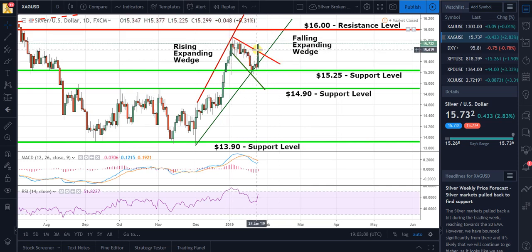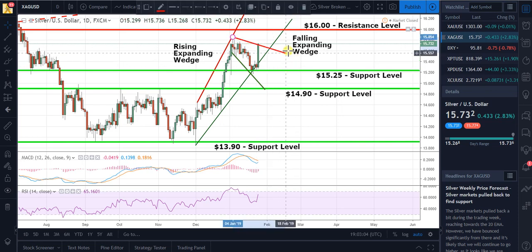So in breaking the falling expanding wedge, I could extend it out and put it on that closing price there, but I do not like to make patterns on closing prices.